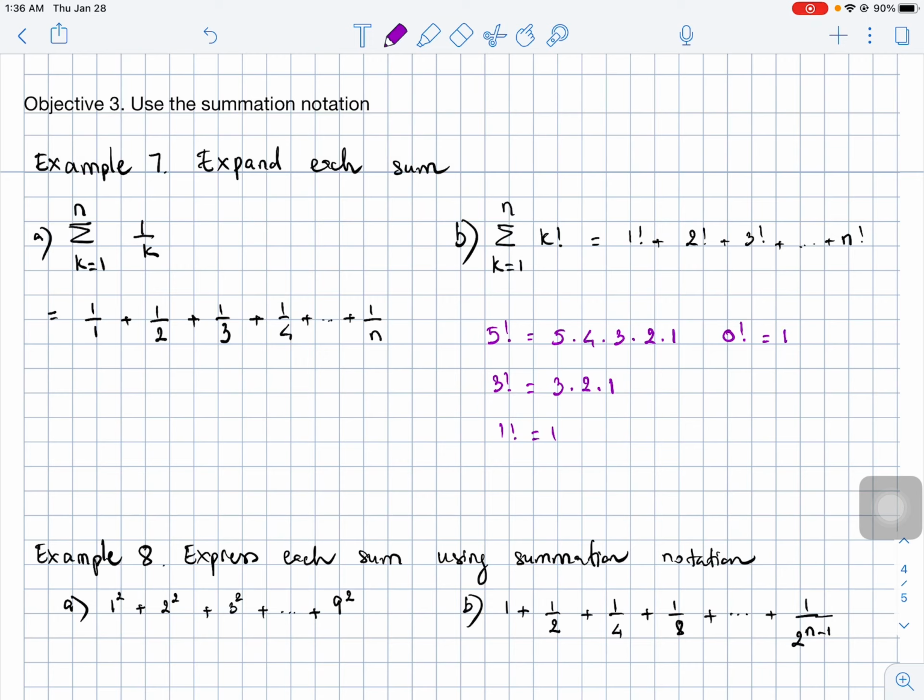You can use a calculator to find 5 factorial, or if you do it manually, you just multiply them out. So the answer for 5 factorial is 120.